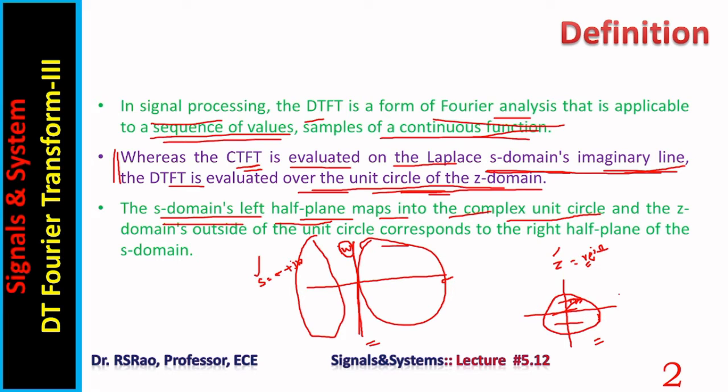Similarly, there exists a correspondence between the Laplace transform and the Z transform. There also exists a relation between CTFT and the Laplace transform, and a relation between DTFT and the Z transform. The relation between CTFT and DTFT is given in the second point, whereas the relation between the S domain and the Z domain is given in the third point.